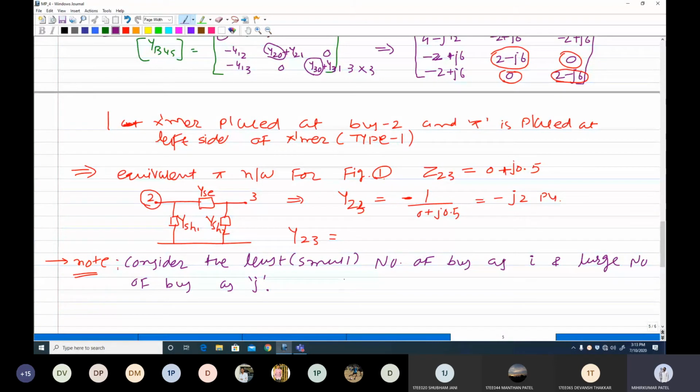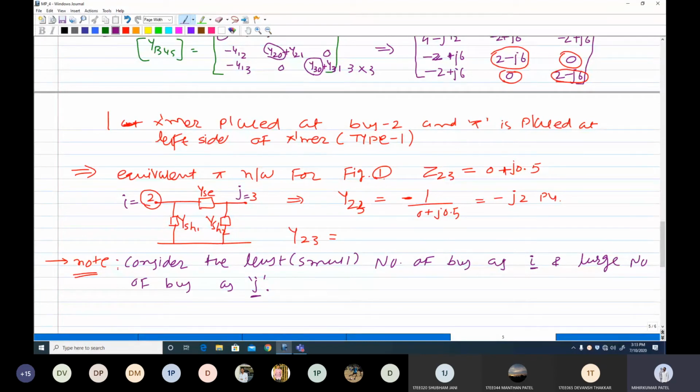Clear? So you have given two numbers I and J. Among them the smallest number will be given to the ith and the highest number is given to the jth. So for this network, we can say I is equal to 2 and J is equal to 3.